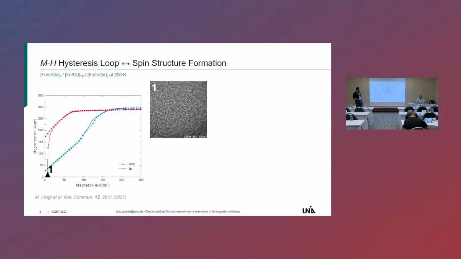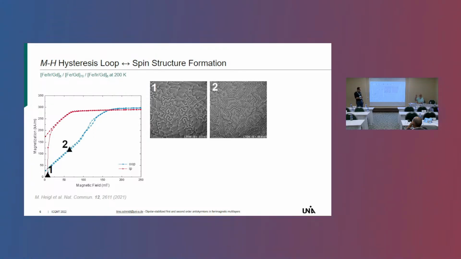At zero magnetic field, we have really tight labyrinth domains. If we go further up, and you increase the magnetic field, then you see that the periodicity of the stripes gets smaller, and you can also make a distinction between the big black and big white domains and the gray domains.